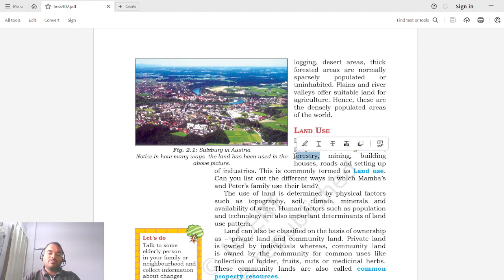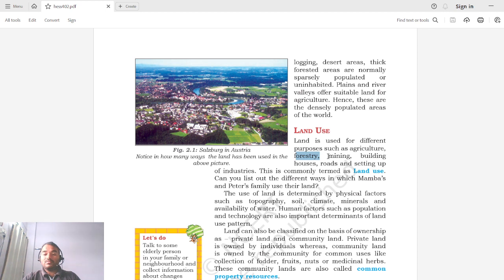Forestry means we get wood from forests, and rare species of plants, like medicinal plants, or any other useful plants, for example the neem plant, or some wood that is required. We get a lot of things from forests: fruits, vegetables. All these products come from forestry.